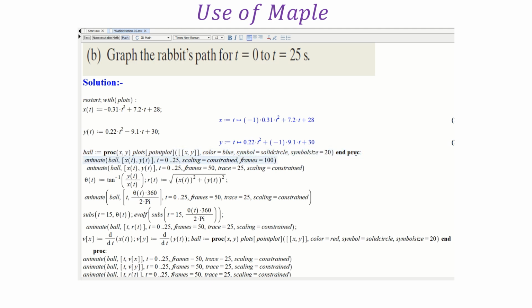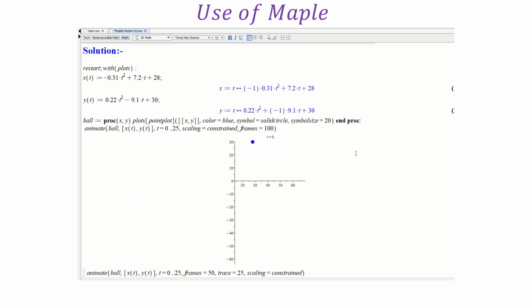Now we shall animate the position where t rolls from 0 to 25 seconds, you can see. So this is how the rabbit is going to track its position, which is represented by parametric functions x of t and y of t provided to us by Halliday, Resnick and Walker.